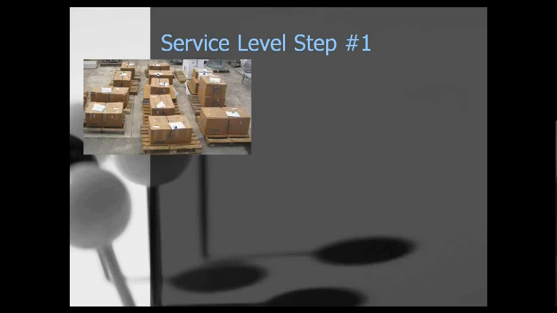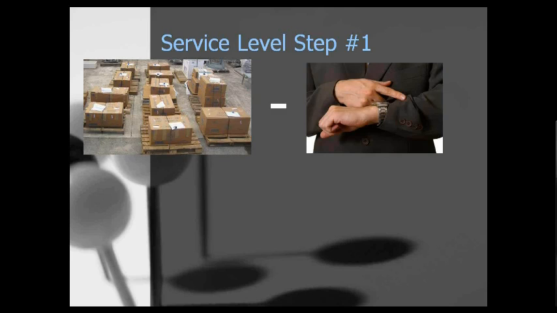To do that, it's a 2-step process. First thing you need to know is, how many shipments do you make a month? In this example here, we're going to assume that on an average month, we ship 40 shipments. From that, we need to subtract the number of shipments we're allowed to be delinquent on. So management has said we're allowed to be delinquent on 2 shipments.